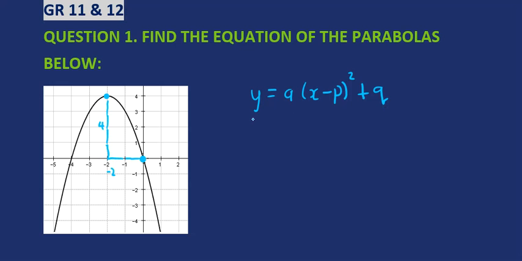So let's put those shifts into our formula. Along the x-axis, the graph shifted to the left by -2, and along the y-axis, the graph shifted up by 4 units. Okay, let's simplify.